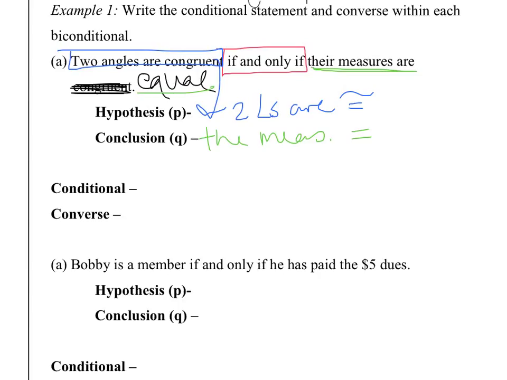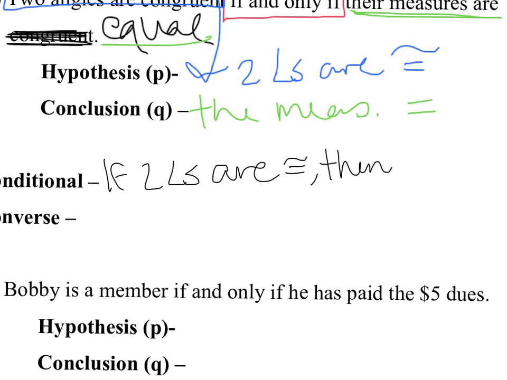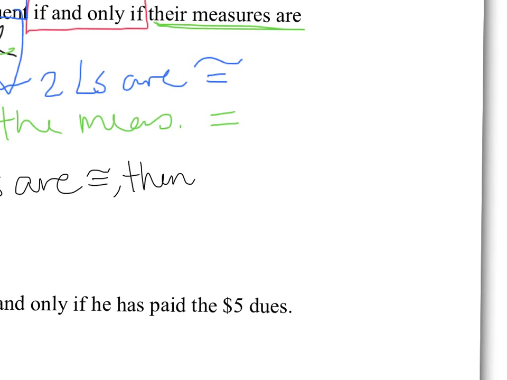Okay, so then when we write our conditional, we're just going to say if P then Q. Let me zoom in so my handwriting's not so horrible. We will say if two angles are congruent, then their measures are equal.